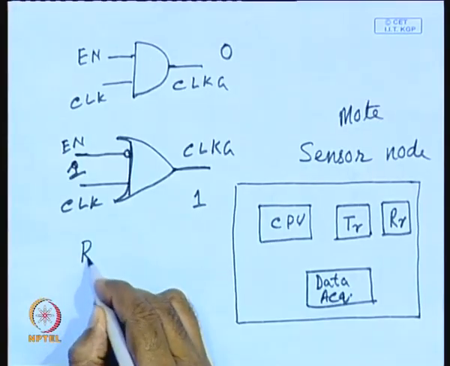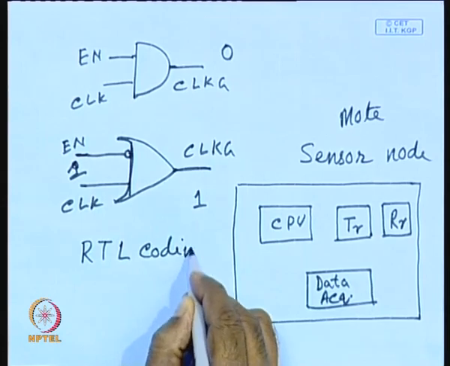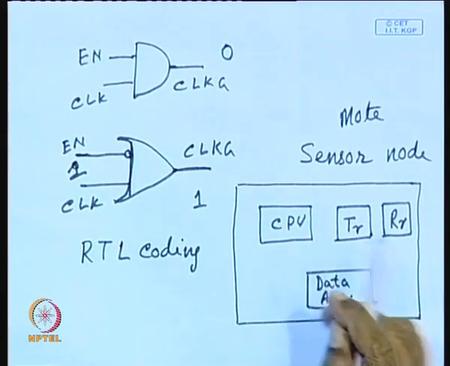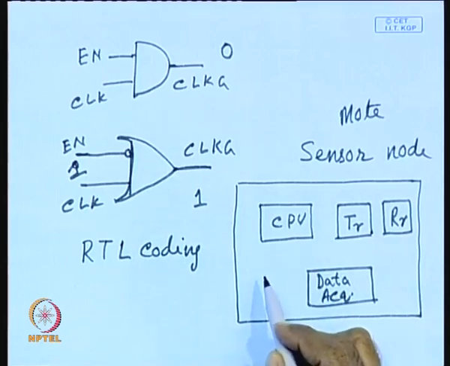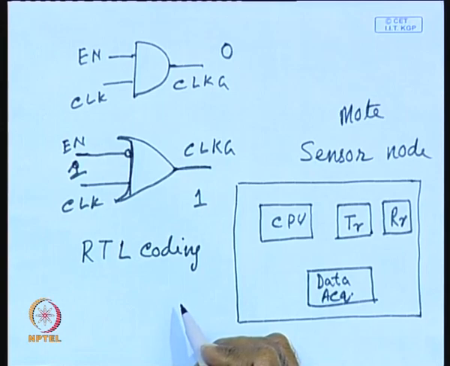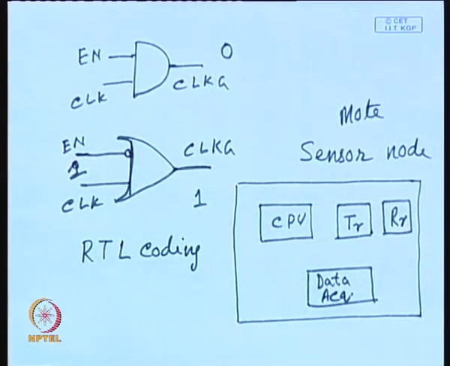That means the person who is doing the RTL coding has to identify when a particular subsystem can be shut off, or the clock of that particular circuit can be turned off, and accordingly RTL coding has to be done to turn on and turn off different parts of the circuit.